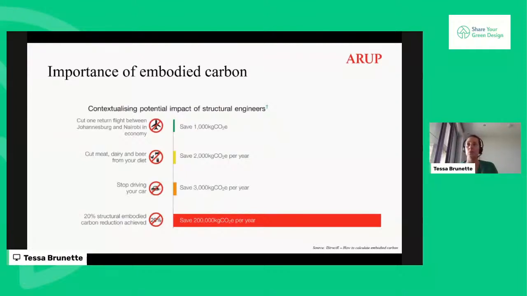So if we look at one return flight between Johannesburg and Nairobi, that's 1 ton of embodied carbon. But by saving 20% on a typical building, just a regular 4-story concrete frame type of building, by saving just 20% of the embodied carbon there, we can save 200 tons.